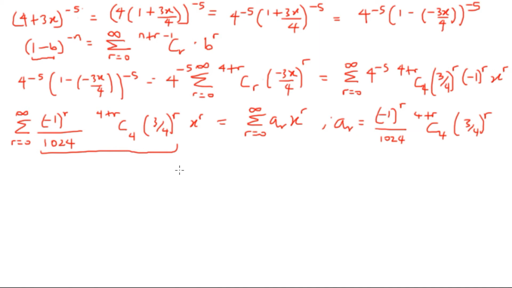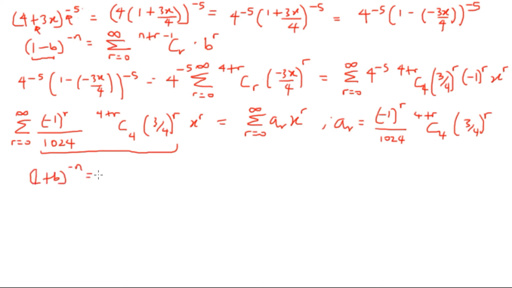Normally I'm supposed to say a_r is greater than or equal to a_r plus 1, and then I continue just like I did in the last question. But for this kind of problem where I have positive x and then I have a negative binomial, it is something of this nature. Let me write it out: 1 plus b raised to power minus n.